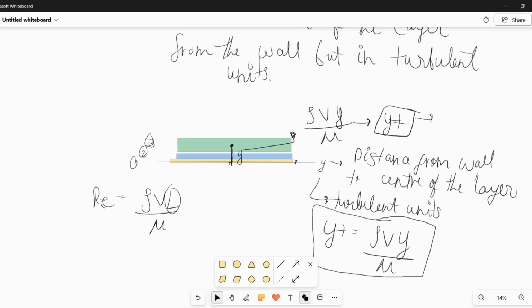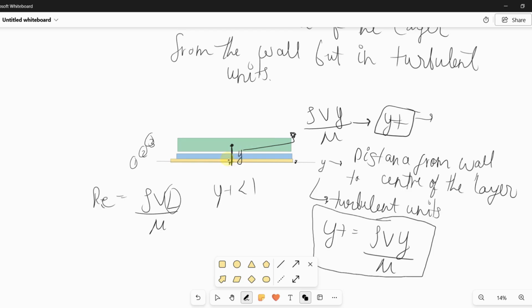And why is this very important? Because this gives you an idea of how fine or how resolved your mesh is at that layer. So if my y plus is less than 1, what does it mean? Your y is directly proportional to your y plus.